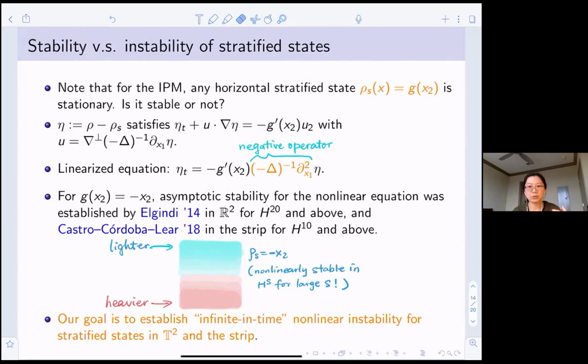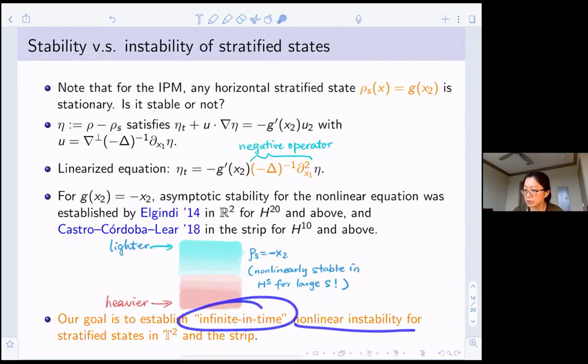We do not use this common approach of upgrading linear instability into the nonlinear one, but rather we would like to make use of the small scale formation results that we have obtained to obtain the nonlinear instability.